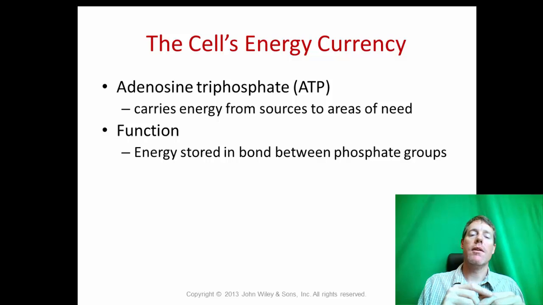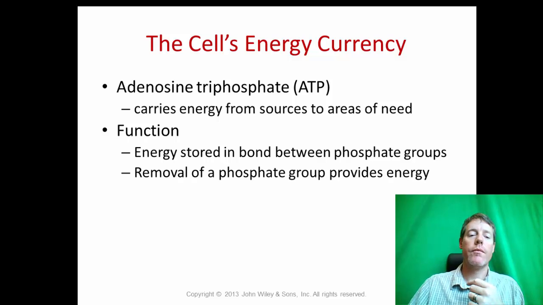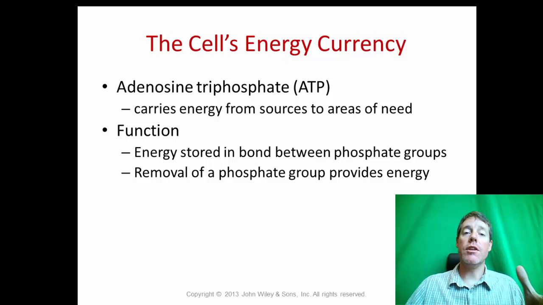ATP, adenosine triphosphate, the name implies that there are 3 phosphates. Tri means 3, and it's between the second and the third one where the energy can be used when that bond is broken. So removal of a phosphate group provides energy to a chemical reaction. If energy needs to be stored, we add that phosphate group back, and that energy is stored in that chemical bond.